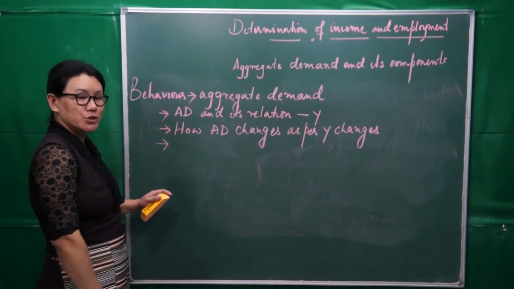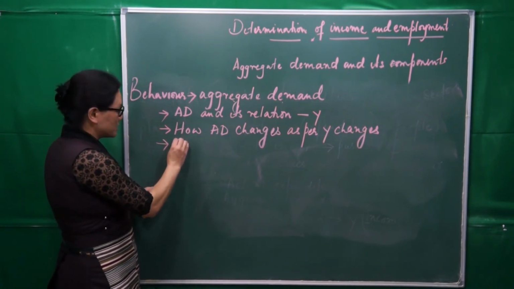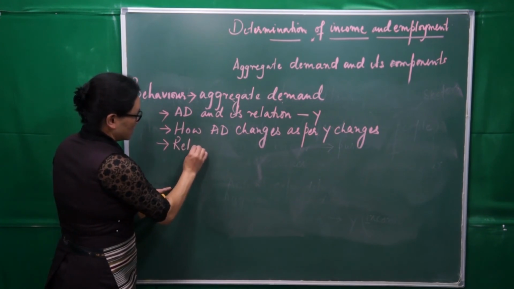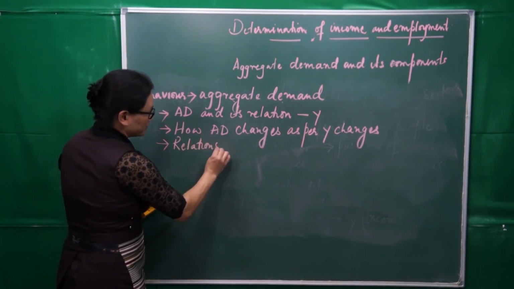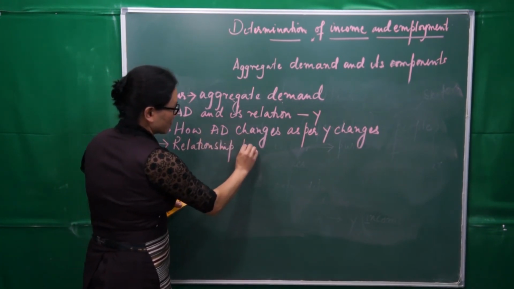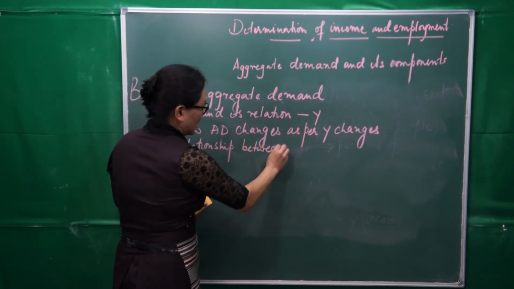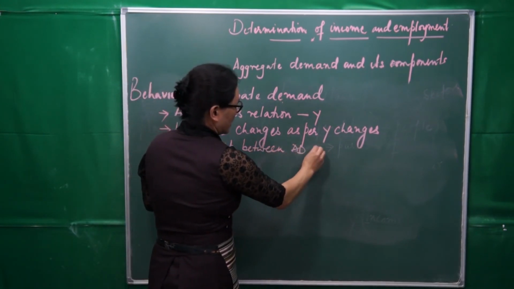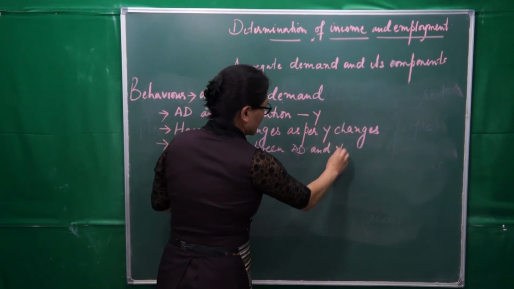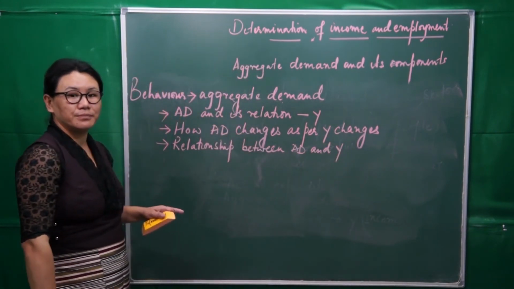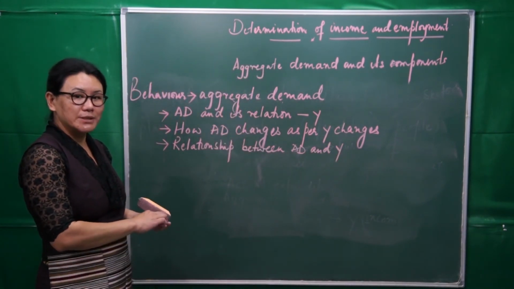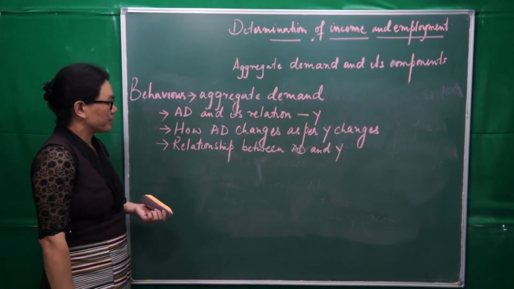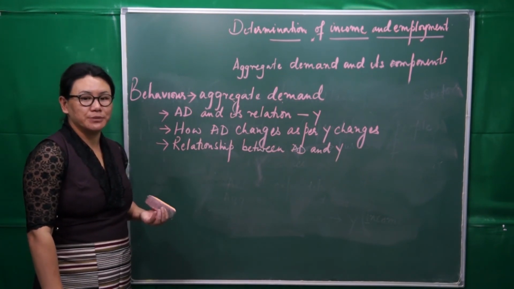It shows, or it implies, the relationship between AD and income. All right? Okay.